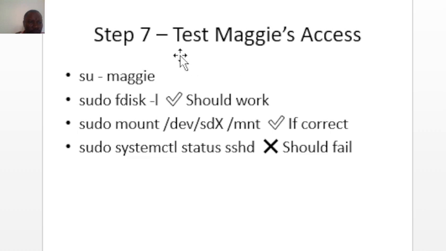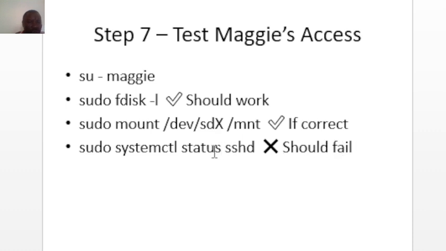So we continue to give access. Say Magi, you have su Magi, and sudo should work. At this level Magi is able to work. The storage command works, it's correct. Sudo systemctl status, no, it's not for Magi.